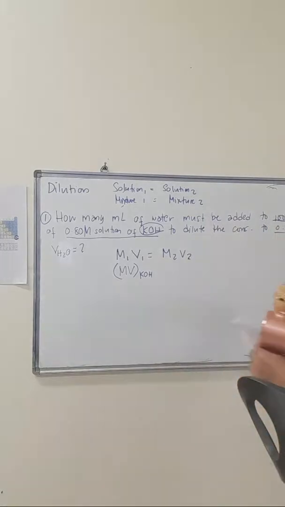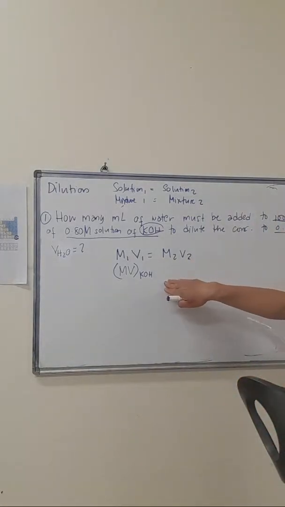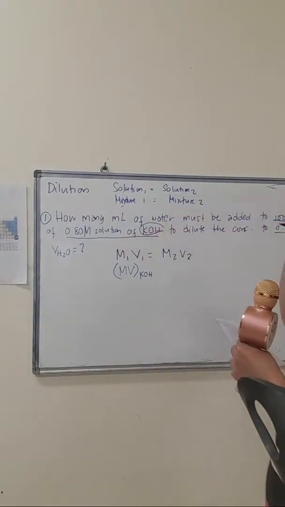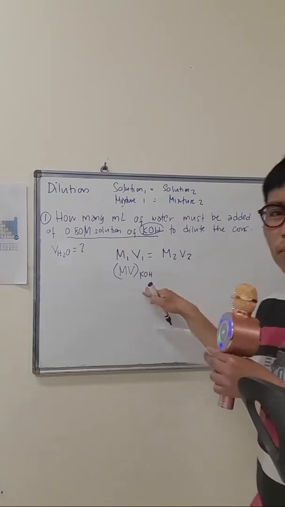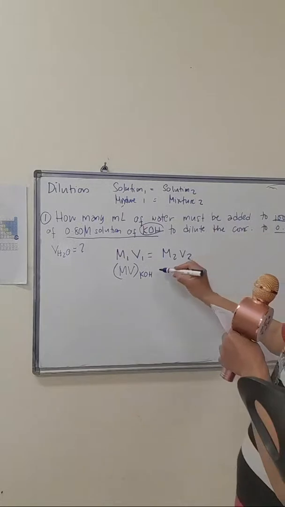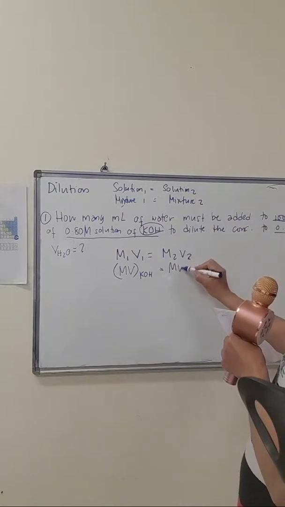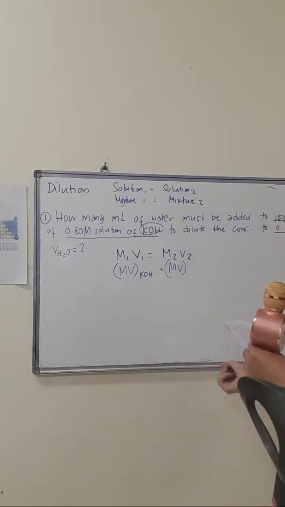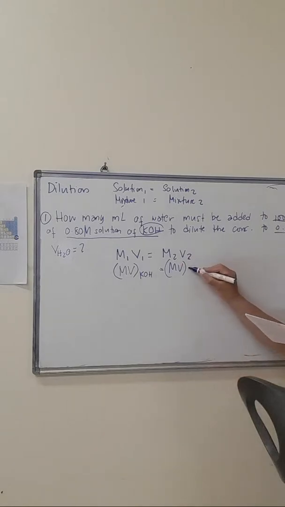Or you can say only that this potassium hydroxide is what you refer to as 1. But I prefer like this because I mention the specific chemicals. And then we have M2V2. You don't know. Why you don't know? Because it's not mentioned in the problem.